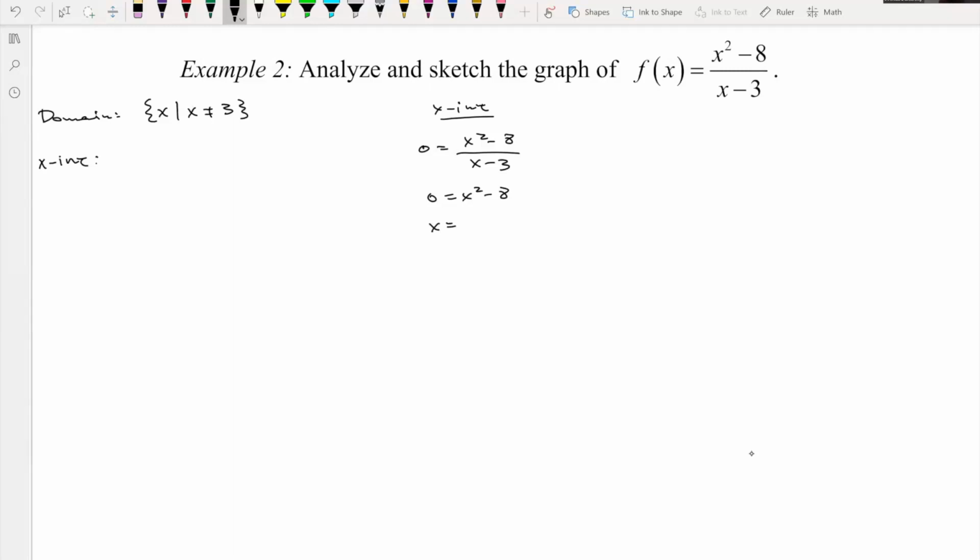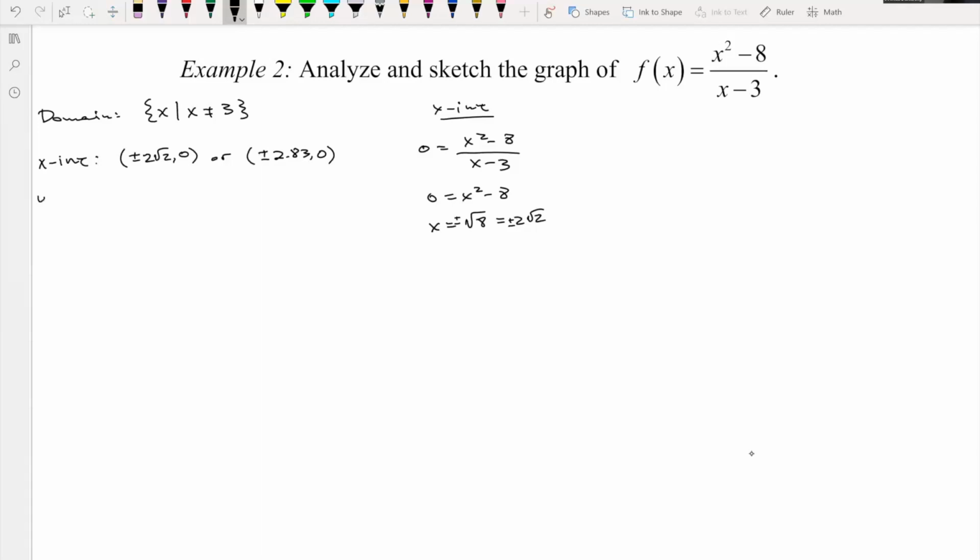So x is equal to the square root of 8, which is 2 root 2, actually plus or minus. So that's going to be plus or minus 2 root 2 comma 0. Or if you put it into a calculator, you're going to get plus or minus 2.83 comma 0.